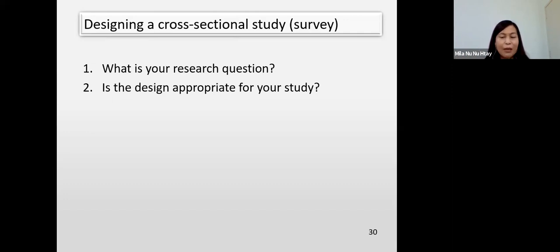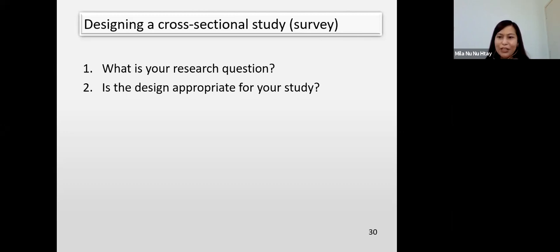For example, my research question is whether treatment A is as effective as treatment B to treat bladder cancer. We have the conventional treatment, treatment B, but scientists discovered treatment A, and we would like to know which one is more effective. Then a cross-sectional study may not be the best choice.